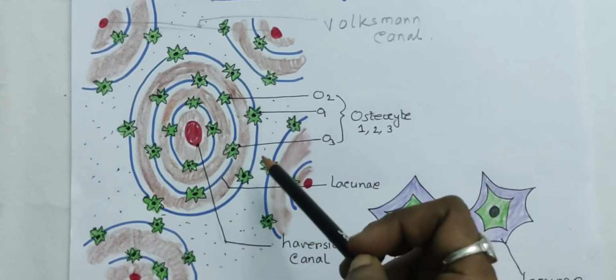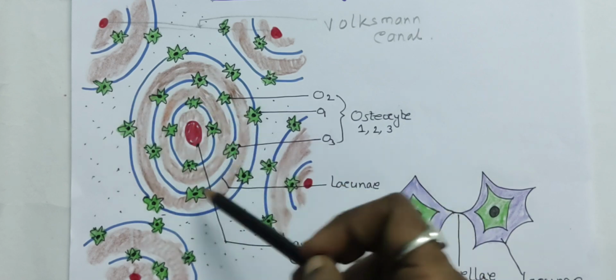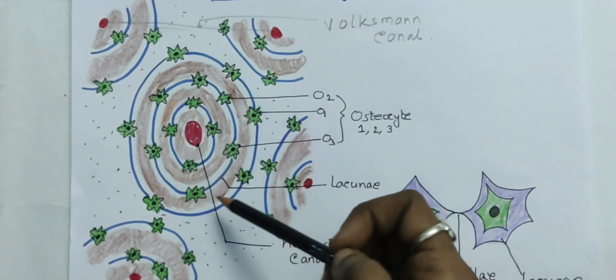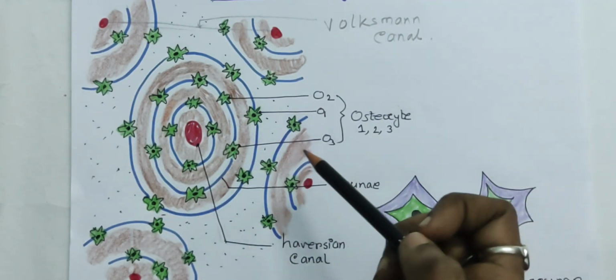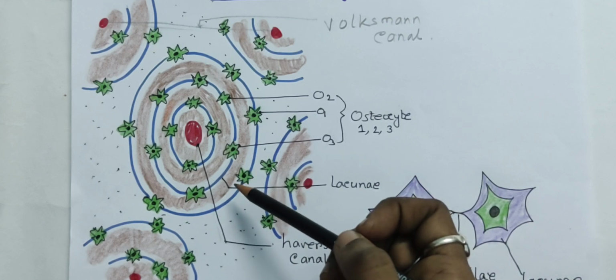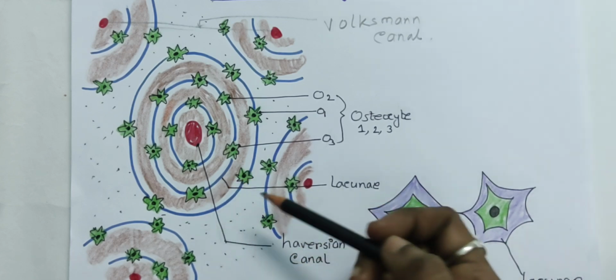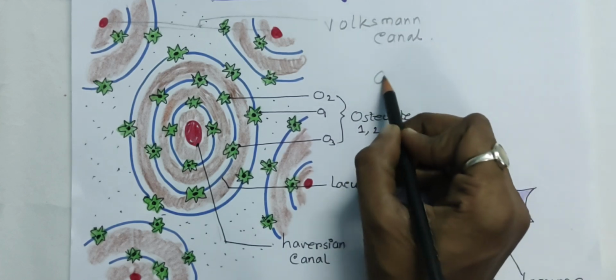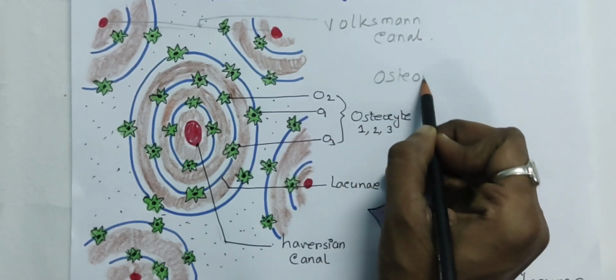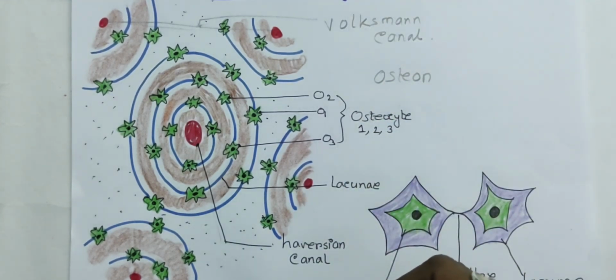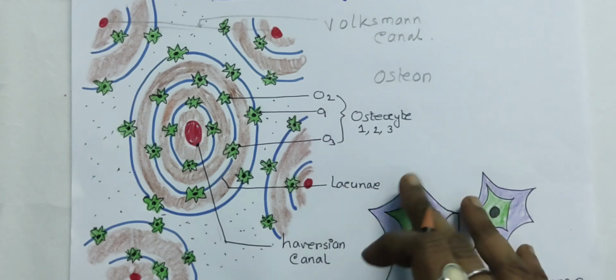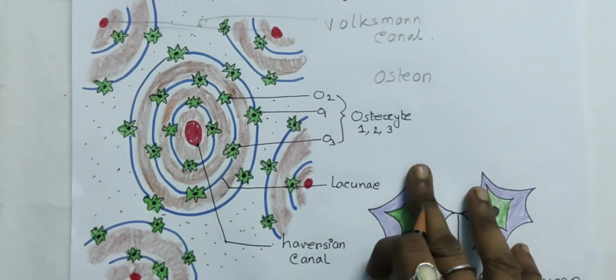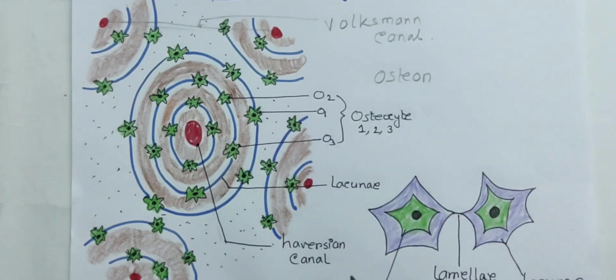So all these structures together form the Haversian system, or we can also call it the osteon. And this is the structural and functional unit of the bone.